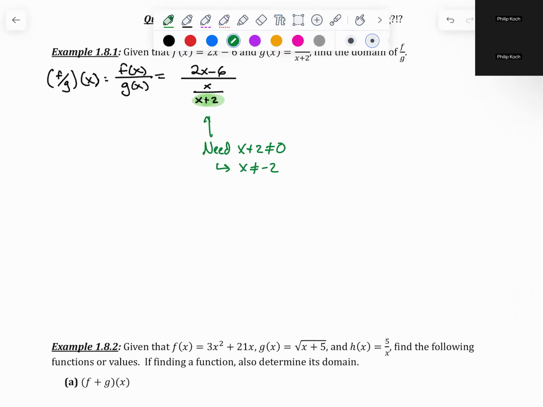And the reason for that, if x equals -2, we get 2 times -2 minus 6 divided by -2 over -2 plus 2, which equals -10 over -2 over 0. But this is undefined. So how can I take -10 and divide it by undefined? Short answer is I cannot.